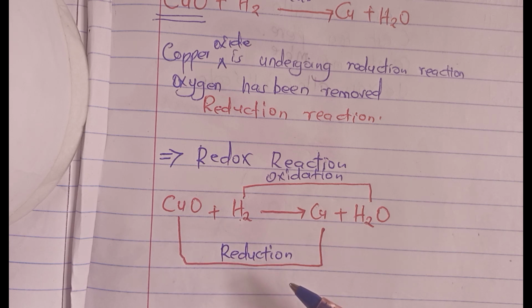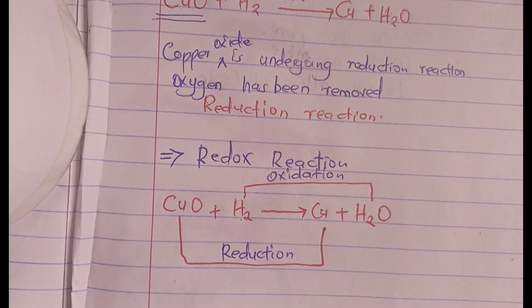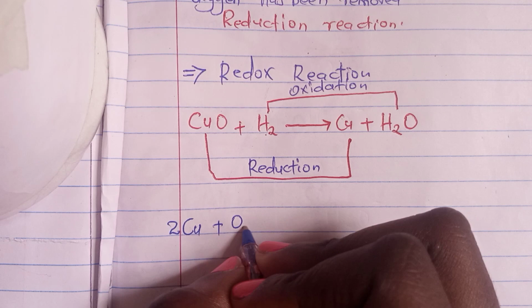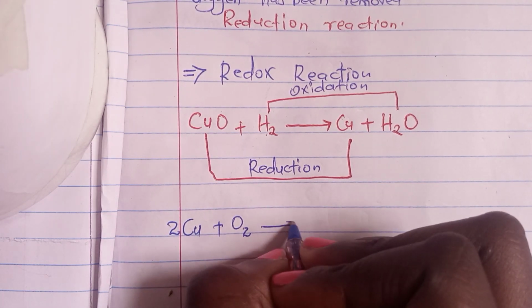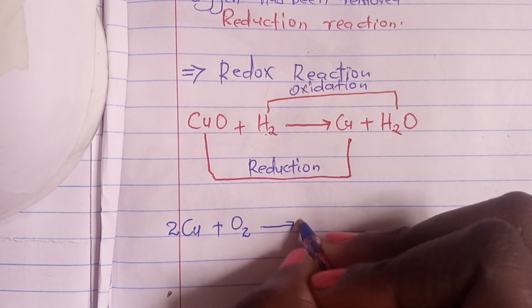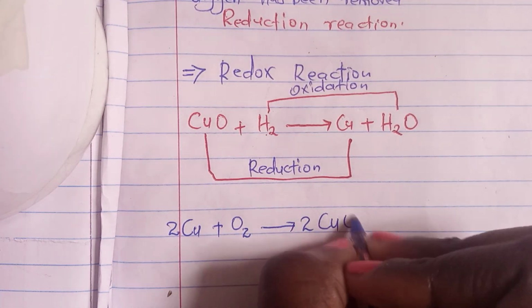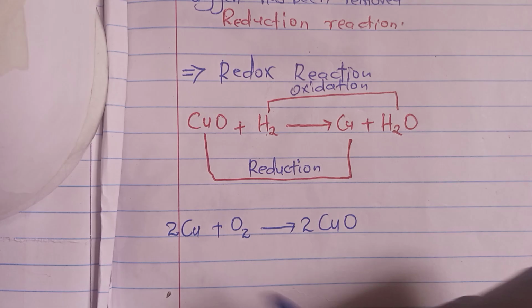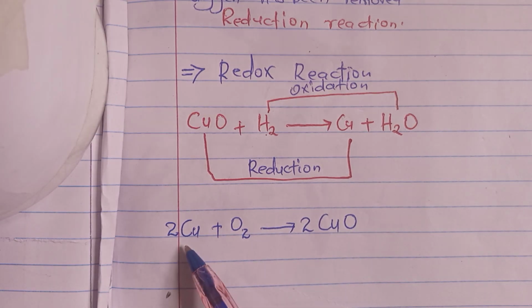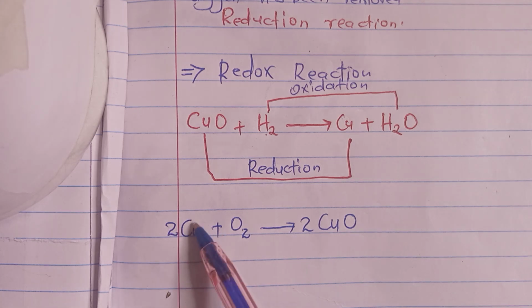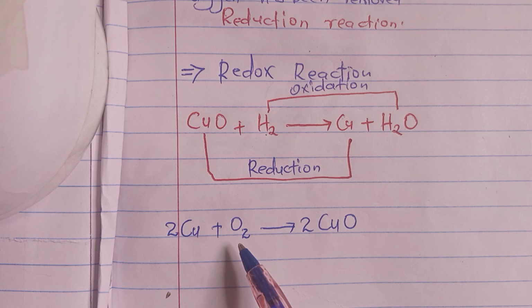You have clearly seen that, and I want to add something else. This is oxygen. We're getting a compound that is copper oxide. The overall charge of a neutral atom is always 0.